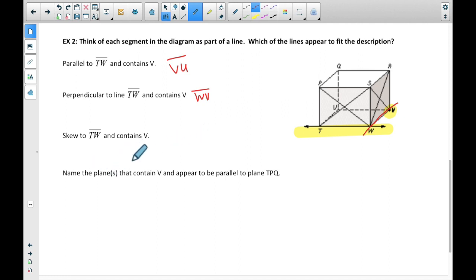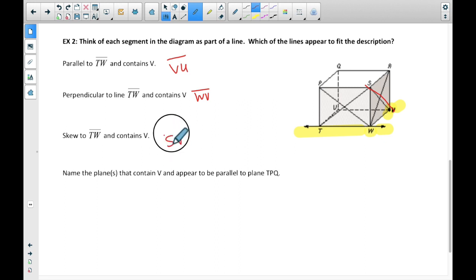Skew to TW and contains V. So they've put some other lines in here, and we might have to use them, but we might not. So there are a lot of options on this one, because they've drawn those extra lines in there. So remember, skew means it is not parallel, but it never hits it. And so I'm thinking the first one that I see actually is SV here.